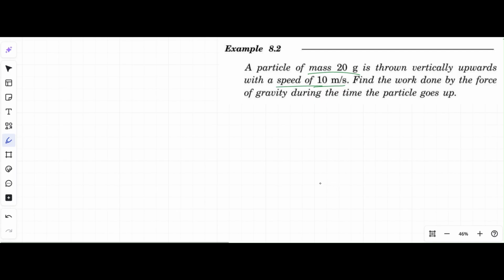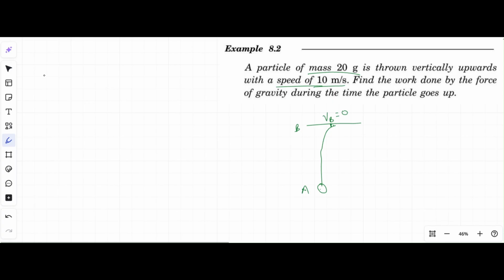So here the particle is thrown up, and it is asking the work done by the force of gravity during the time the particle goes up. So the time where it goes from point A to the highest point B, and we know that at the highest point velocity will be 0.